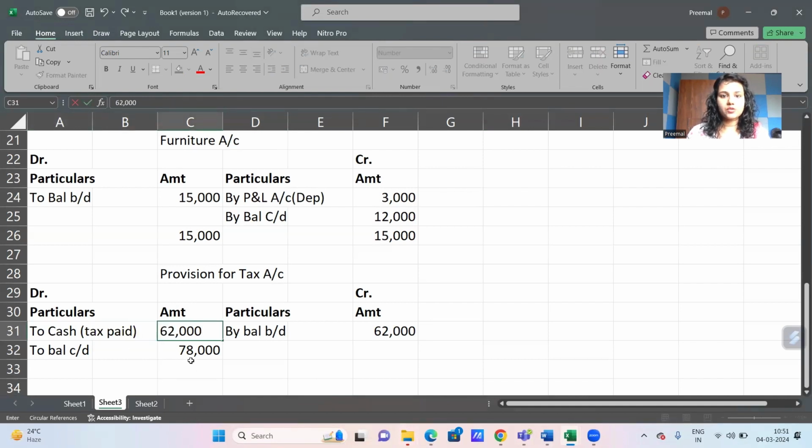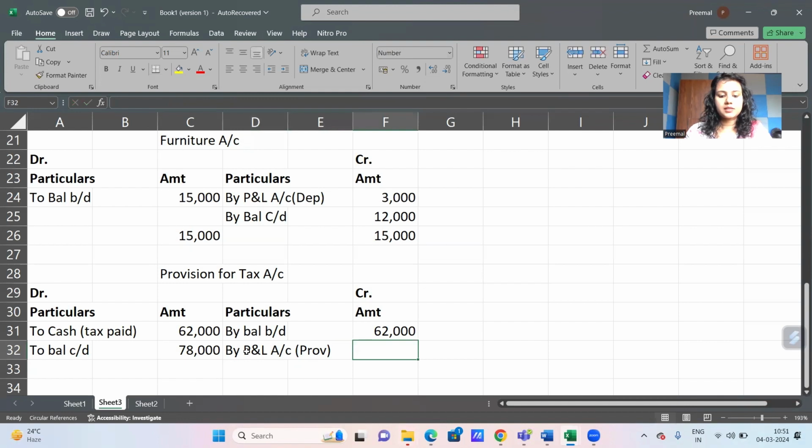And the closing balance, which is 78,000, will be considered as the amount of provision made as well. So on the credit side, by P&L account, indicating provision for tax, 78,000 will be mentioned.